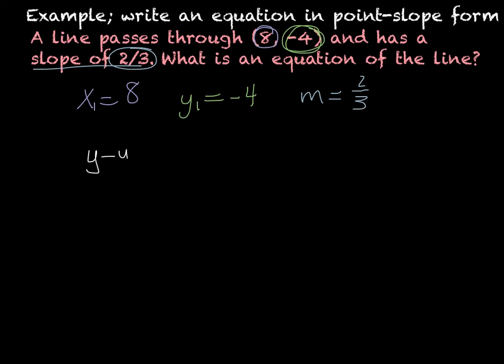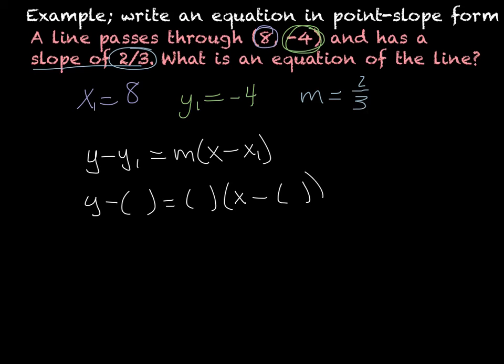y minus y1 equals m times the quantity x minus x1. So when I'm solving, I have y minus whatever my y1 is equals my m times my x minus whatever my x1 is. So I just have to fill in those numbers there.